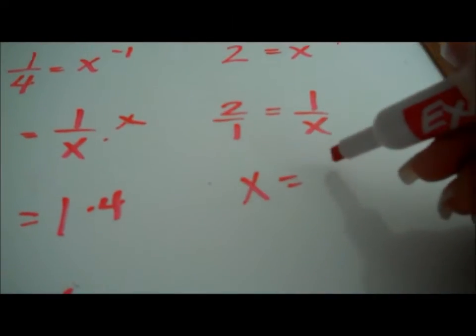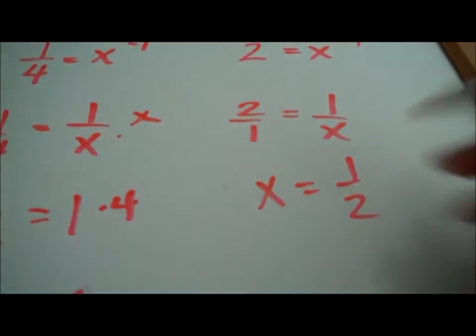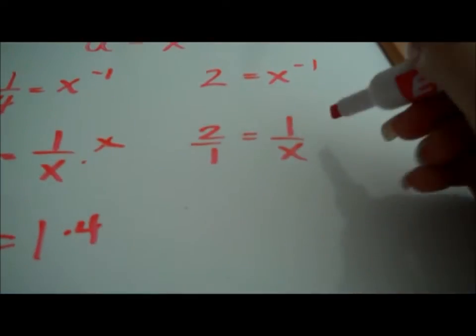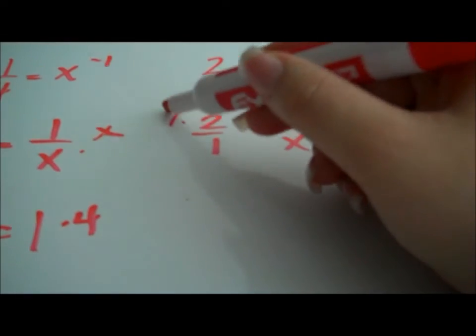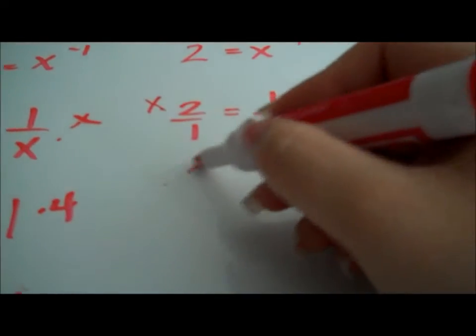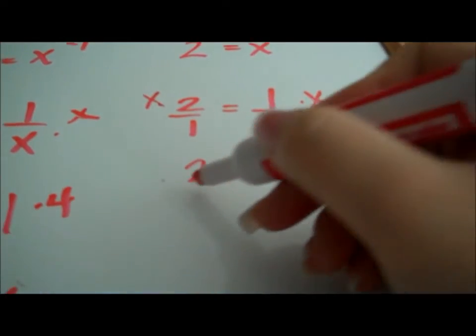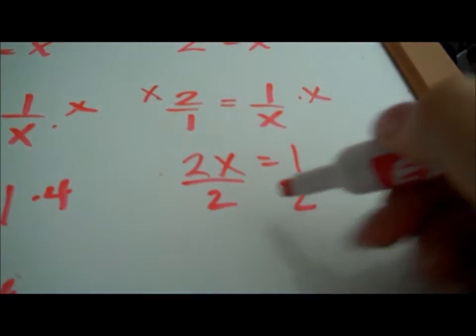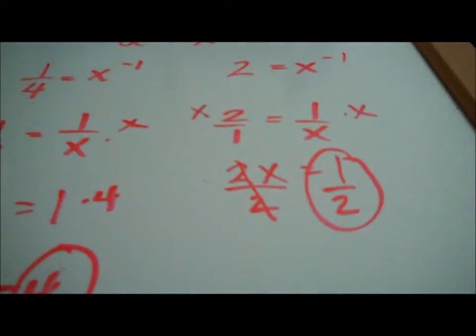Same thing can be said with this one. It's going to be x equals 1/2. But if we need to see that, we can multiply by x, because again I'm multiplying by the common denominator. I get 2x equals 1, divide both sides by 2, and so therefore x equals 1/2 and x equals 4.